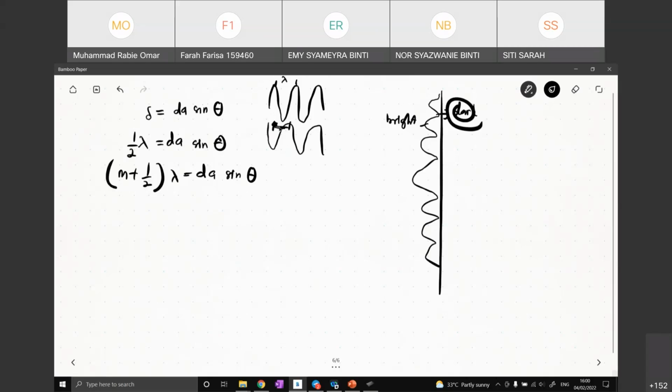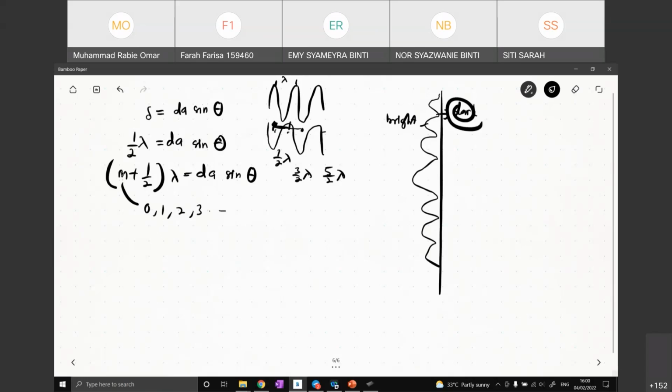So I push my wave to the right, and the distance from here to here is half of lambda. Or maybe I can push to here, so it's about 3 over 2 lambda. Or maybe I push to the point where it is 5 over 2 lambda. So it must be m plus 1 over 2, where m can be 0, 1, 2, 3, and so on.